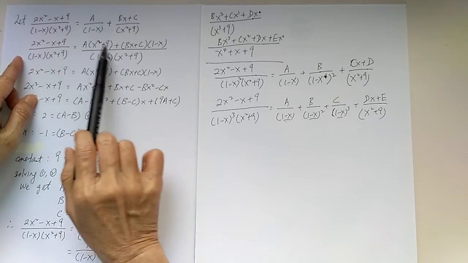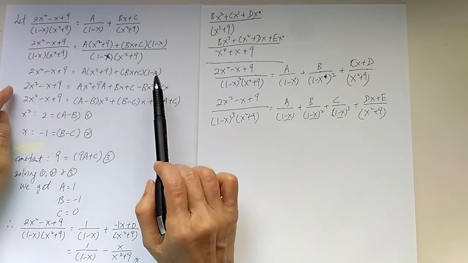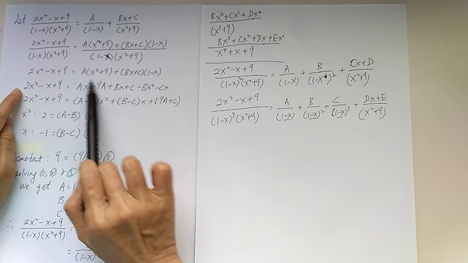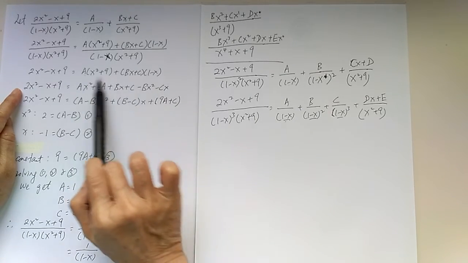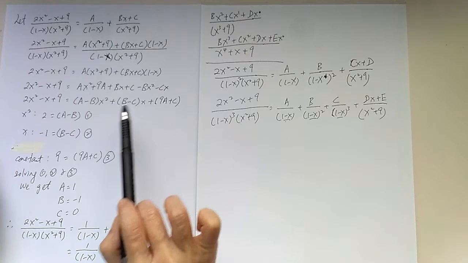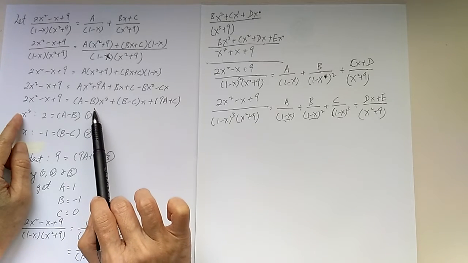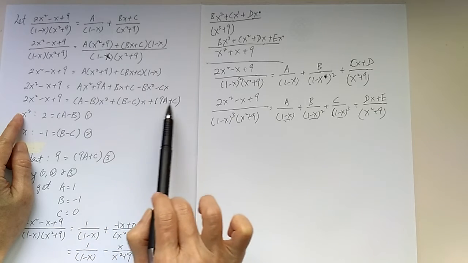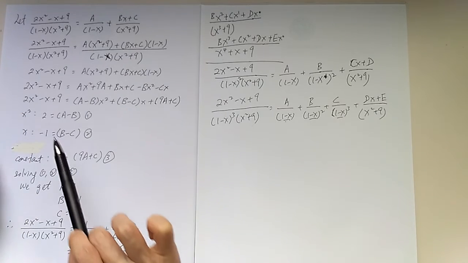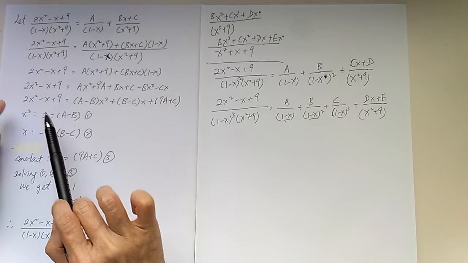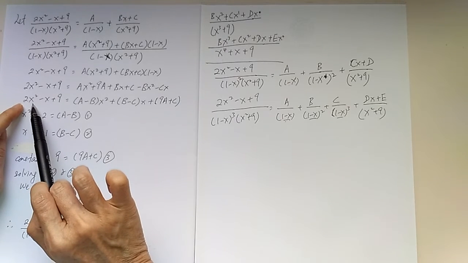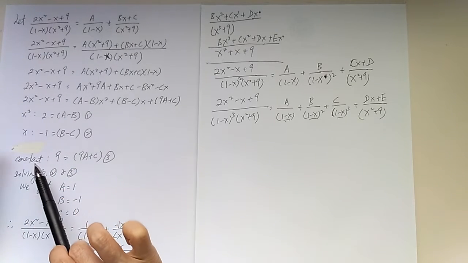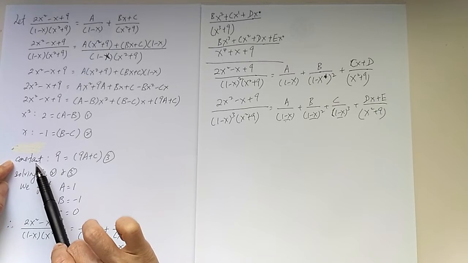Okay, and since left equals right, the next step, we just expand the expression, remove the bracket, and then collect the like terms. That means put all the x squared together, x together, and constant together. Then we compare the coefficient of x squared, coefficient of x, and constant.